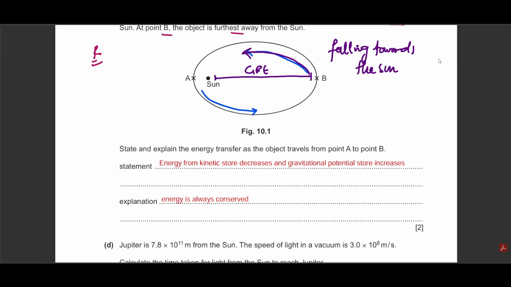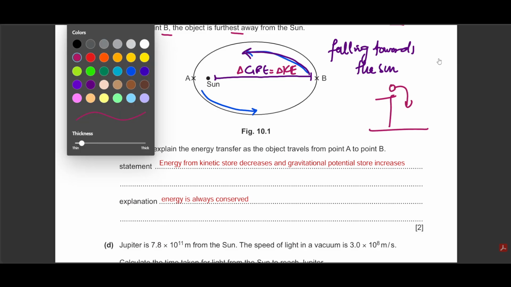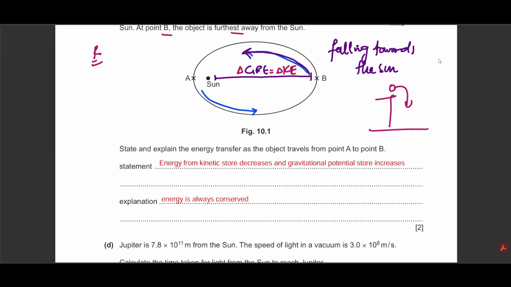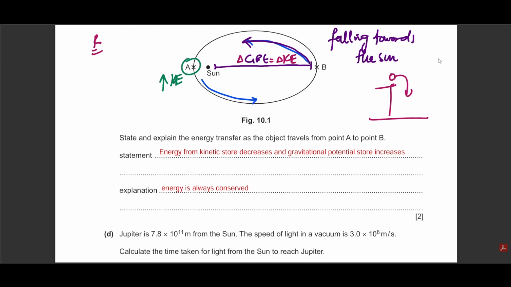And we know that if something falls in the presence of gravitational attraction, the gravitational potential energy gets converted into kinetic energy. It is gaining speed, and precisely that is what happens when you throw an object from height. Its gravitational potential energy store starts giving its energy to the kinetic store. And when it reaches A, it would be the fastest. Its kinetic energy would be the highest in its whole life cycle. So that is the basic gist of it.